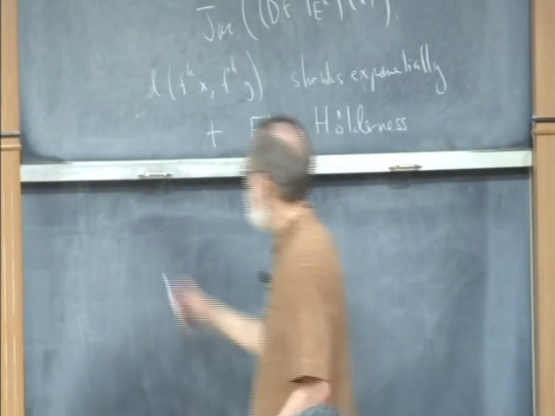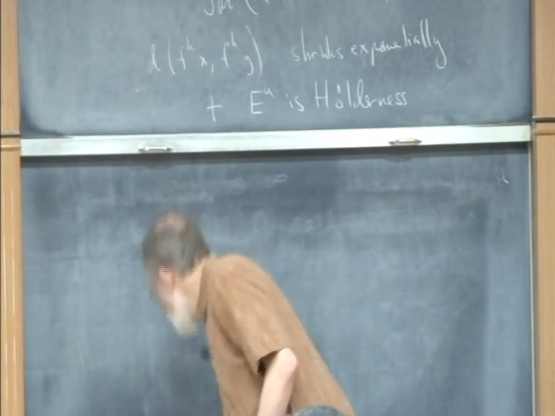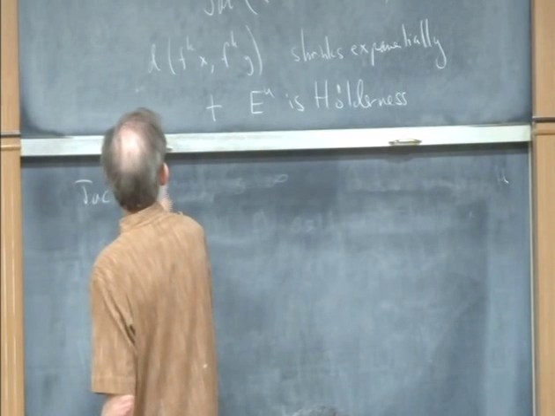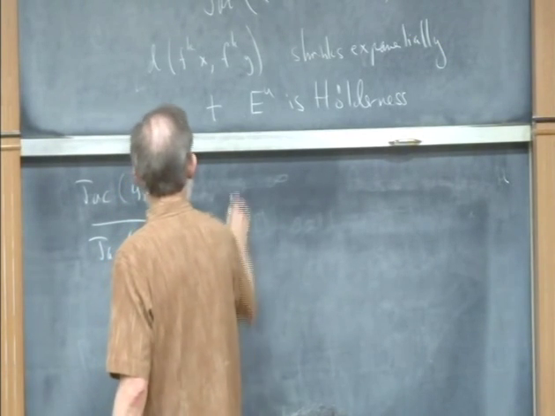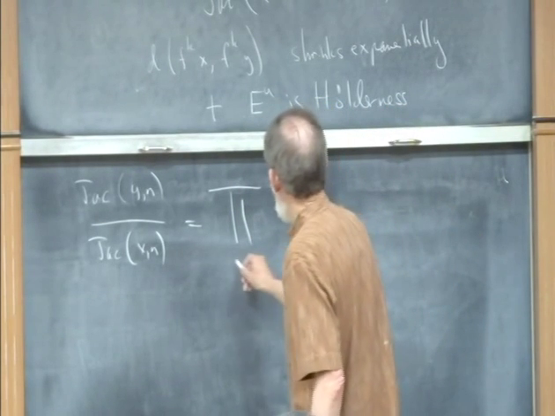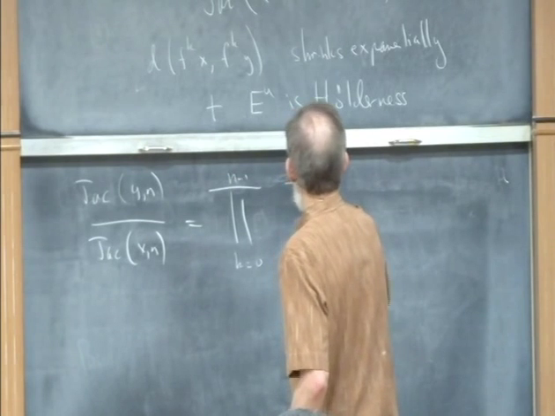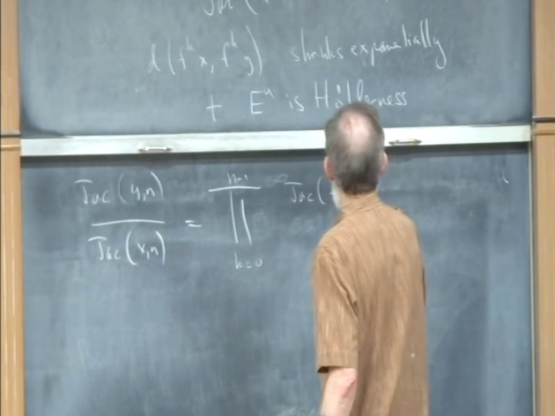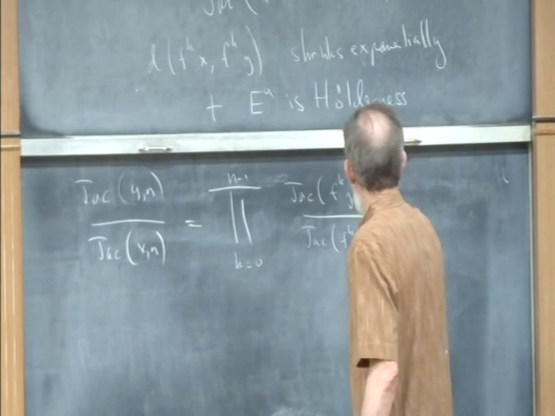So the other observation that you make is that this ratio, let me call that just the Jacobian, say, at y, e, is a huge product of something like k equals 0 to n minus 1 of the Jacobian of f^k at y divided by the Jacobian of f^k at x.